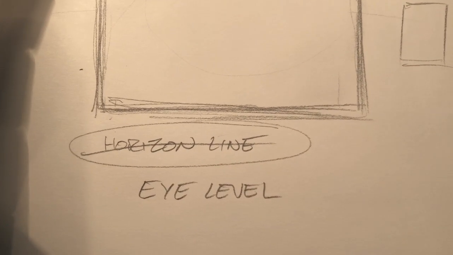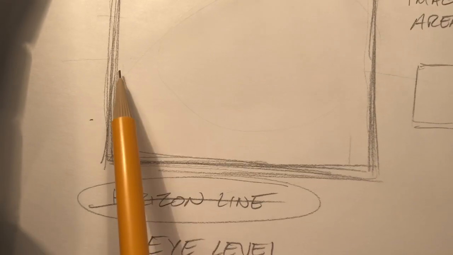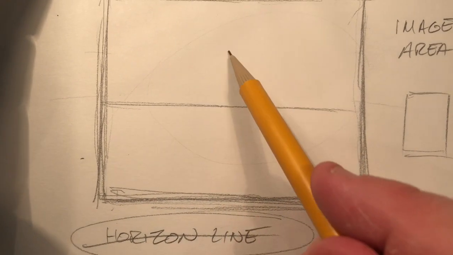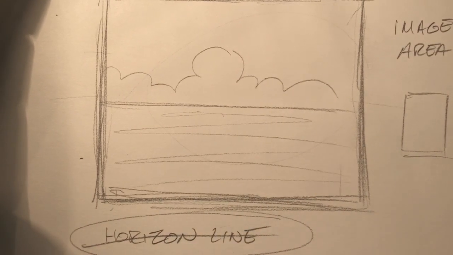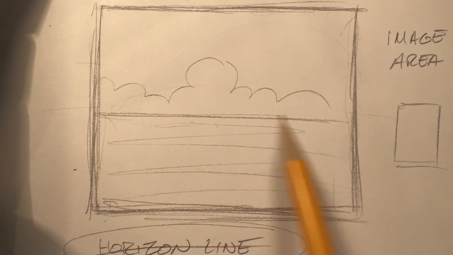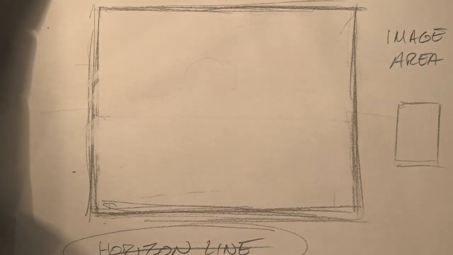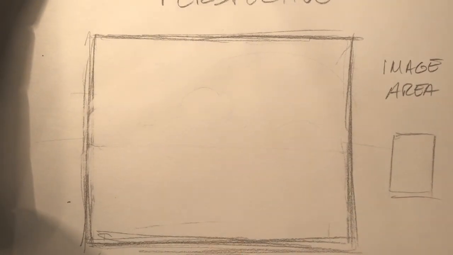Okay, eye level. Let me go back. A horizon line, technically, is where the sky meets the earth. So all this might be sky, and this is all earth right here. Unless you're just drawing pictures of the desert, we're not going to really see the horizon line much, so that's really not a term that's helpful. Your eye level, however, refers to everything that your eye takes in.